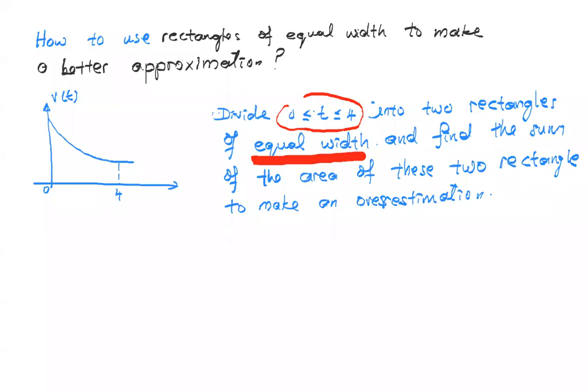Oh, okay. So every time when you see question like that, you have to get the width of the rectangle first. Equal to 4 minus 0 based on the interval, divide by the number of rectangle. All right, so the width is 2 units.